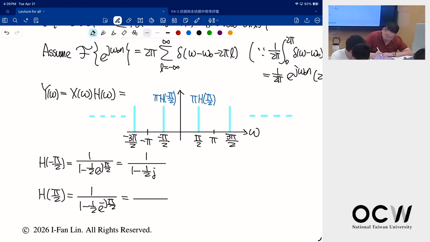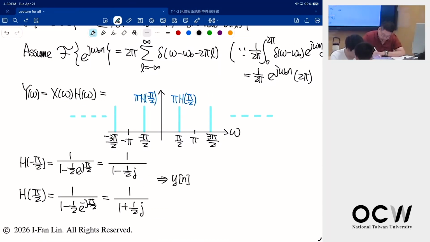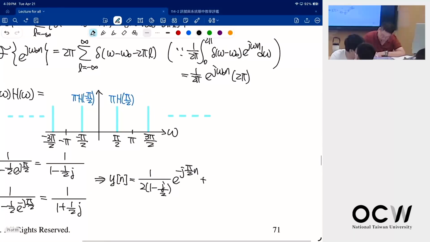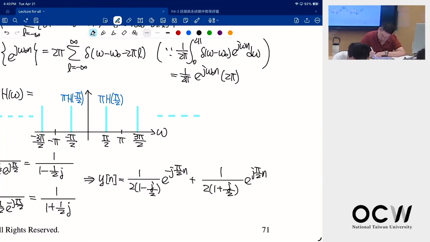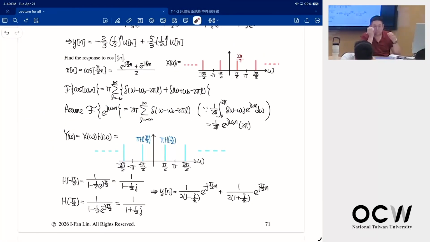So it should be 1 divided by 1 plus 1/2 j. Therefore, the output is here.